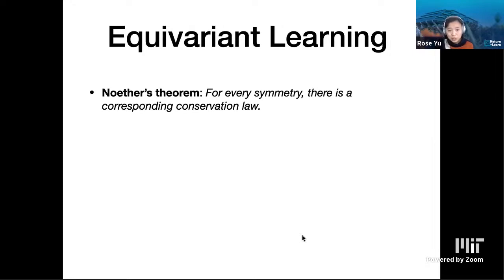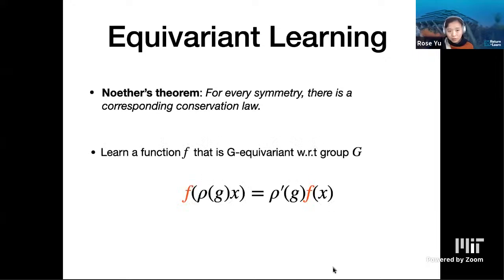So when we build machine learning models to make certain predictions where we actually want certain quantities to be conserved, the question is, can we build symmetries into deep neural networks to make the neural network symmetry aware? And that's the area of study of equivariant learning. So we want to learn a function that is equivariant with respect to a certain group.